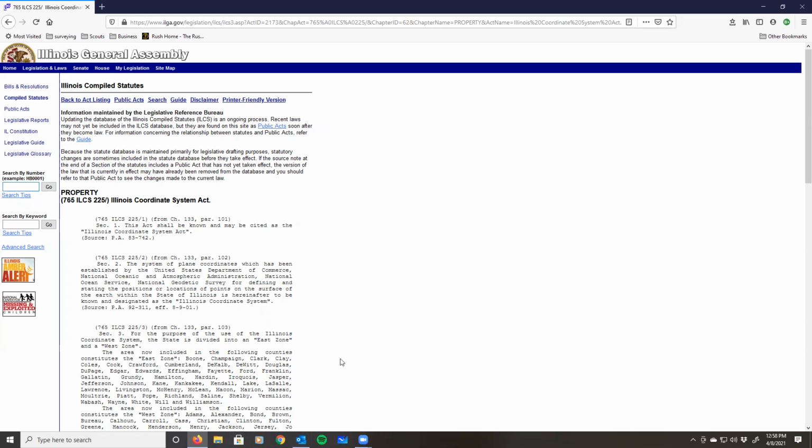So what defines the state plane coordinates is listed in 765 of the Illinois Compiled Statutes, chapter 225, which is the Illinois Coordinate System Act.